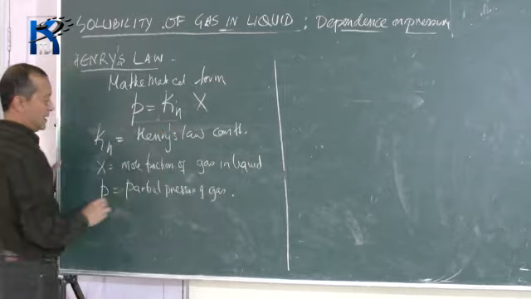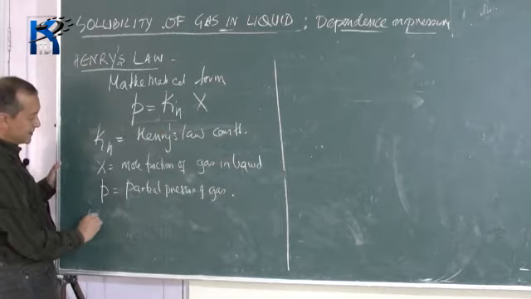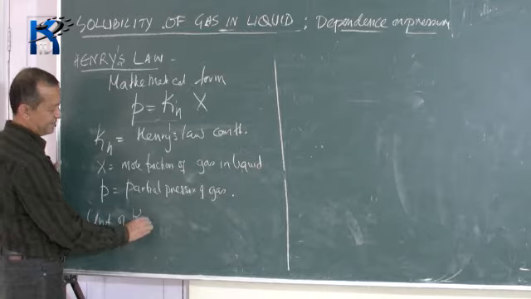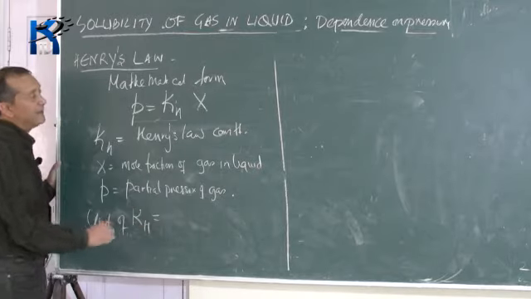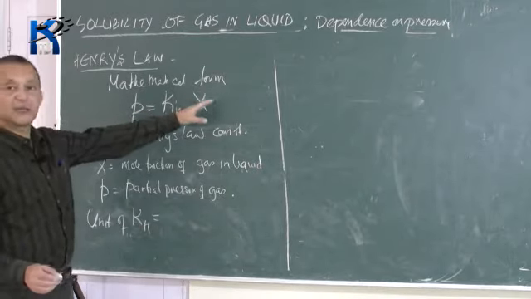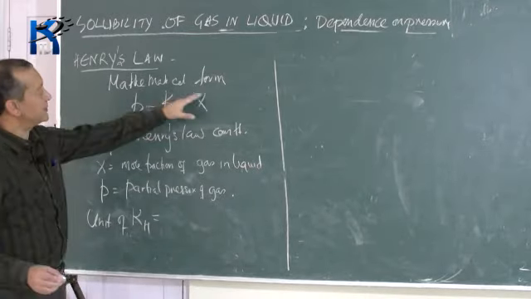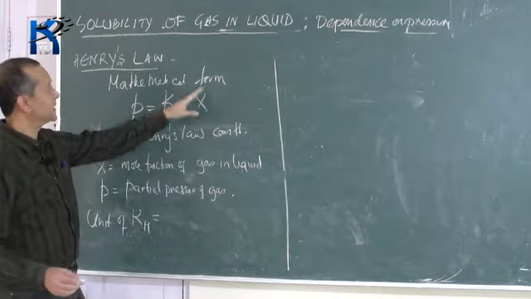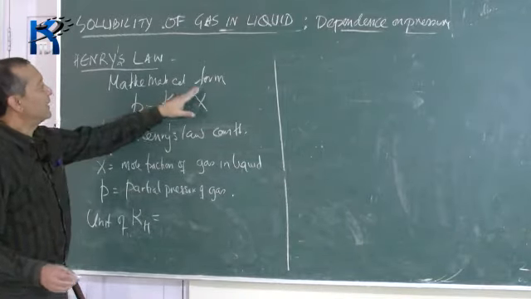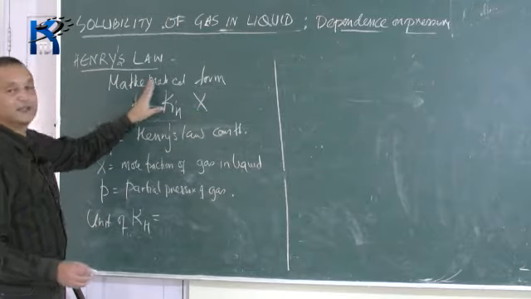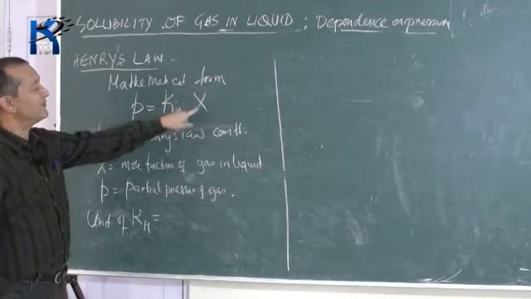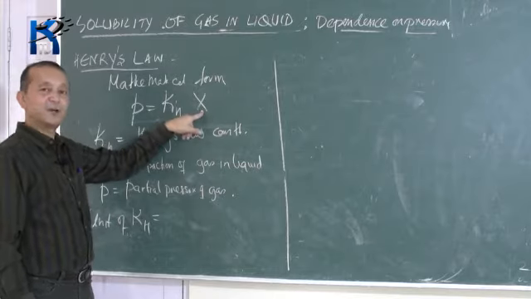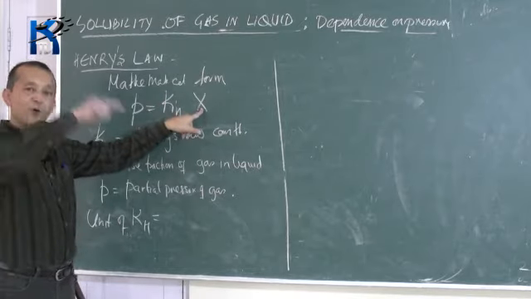Now, what is the unit of KH? Whenever you want to find the unit of a variable in a particular expression, you can deduce it from the expression itself. The unit of X, the mole fraction, is unitless, because mole fraction is number of moles divided by number of moles.